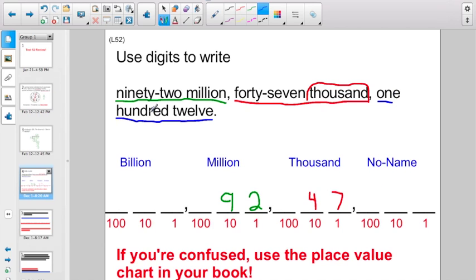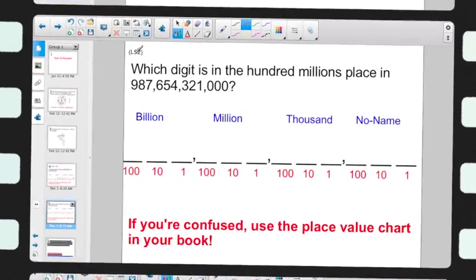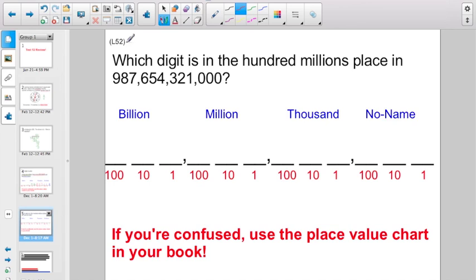How do I do 112? With a 1, and a 2. That's how to make 112, right? One last step, though. You got a little blank space here. I can't leave anything blank once I got digits on either side, so I need a 0 right here. 92,047,112.